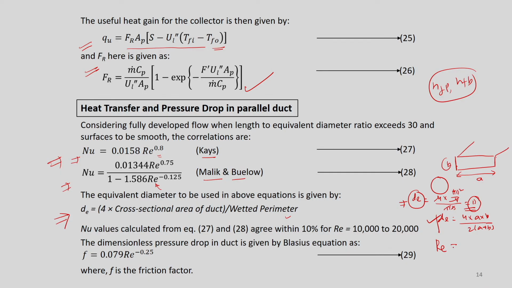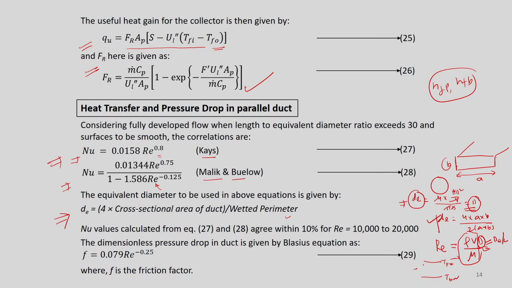So, this Re is rho V d by mu. This diameter is nothing but the equivalent diameter now, so it will be D or L. Once you know this, we can calculate Reynolds number using the mean values of the plate temperatures, T_PM and T_BM.